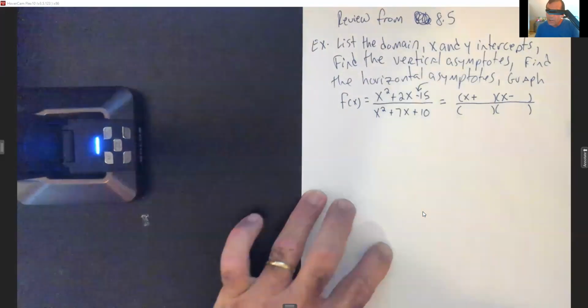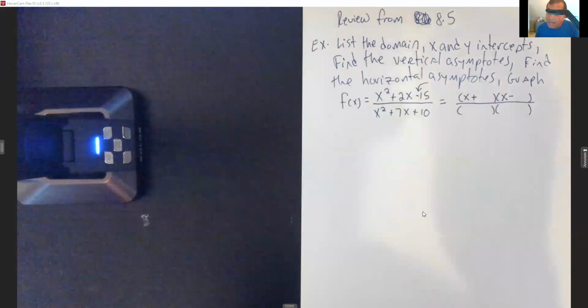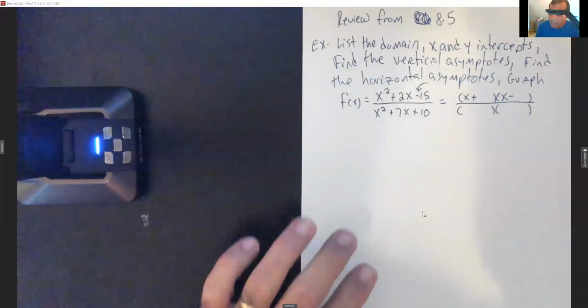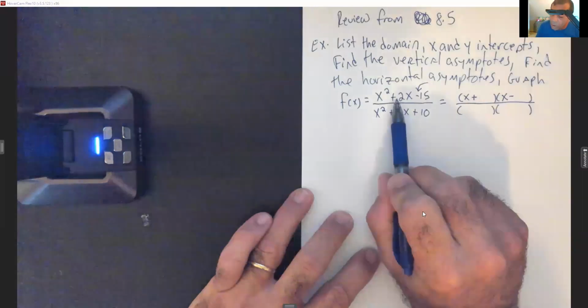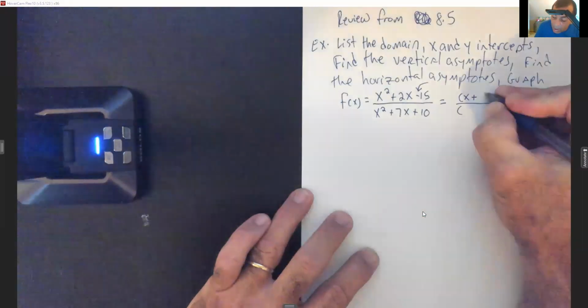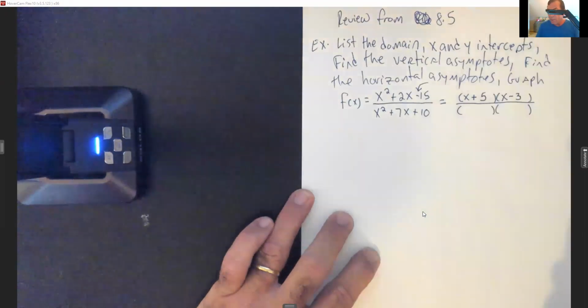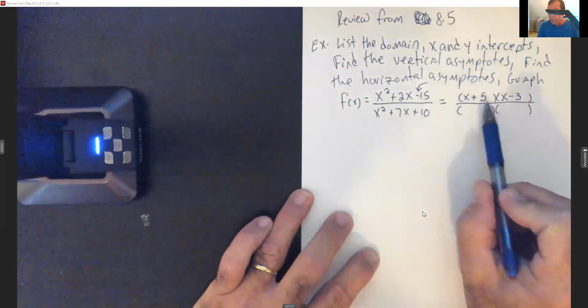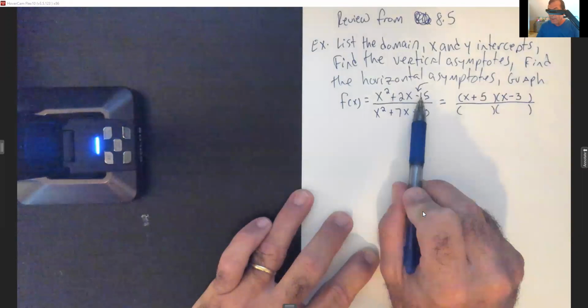So 15 is 1 and 15, 3 and 5. 3 and 5 subtract to get 2. Now, since this 2 is positive, the larger of those two numbers, which is 5, would be positive, and then the 3 would be negative. So 5 and negative 3 equal 2, and 5 times negative 3 multiply to get a negative 15.